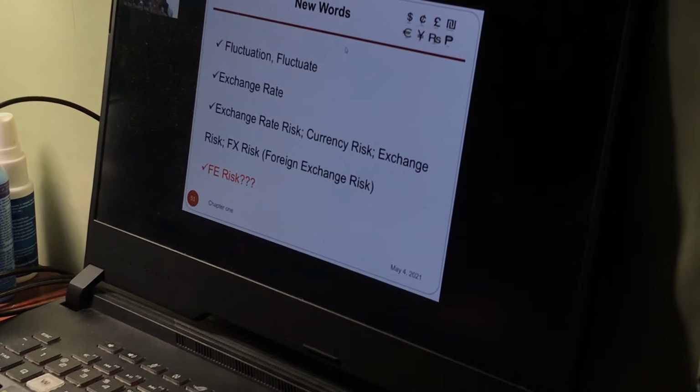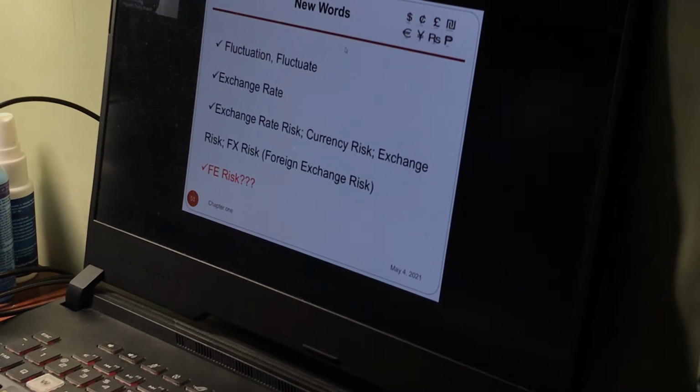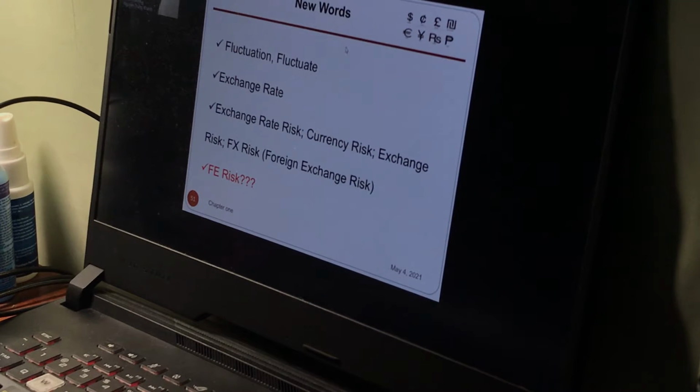Are you sure? Yes, because when we use two types of currency, when you sign the contract and when you receive the money, maybe the exchange rate will change, and maybe one side will pay more than the money they signed in the contract. Okay. Before I analyze your answer, what's your name, please?